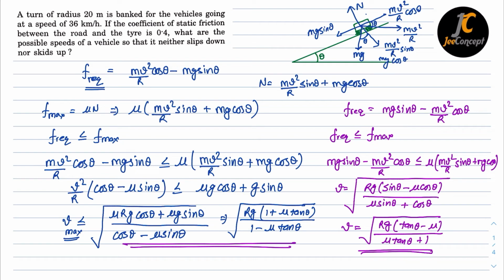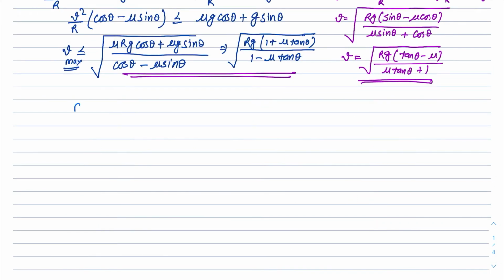Now, I told you how we have written this equation. Now we can simply apply this equation in this particular question, which says the radius of the track is given as 20 meter. Mu is 0.4. Theta we will calculate using the equation v is equal to under root r g tan theta, because this is the velocity when there is no friction.